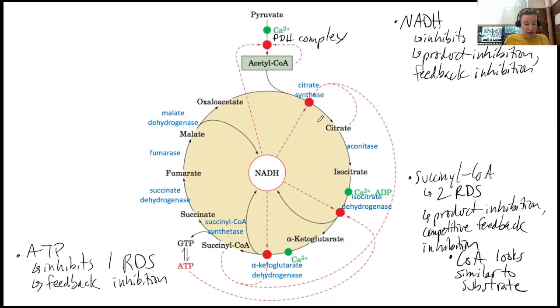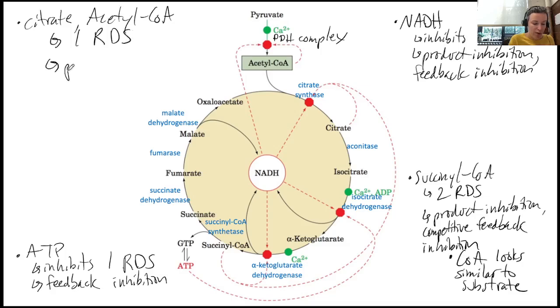Finally, folks, it looks like we also are seeing citrate inhibiting citrate synthase, and acetyl-CoA, of course, inhibiting the pyruvate dehydrogenase complex. These are each inhibiting one RDS.